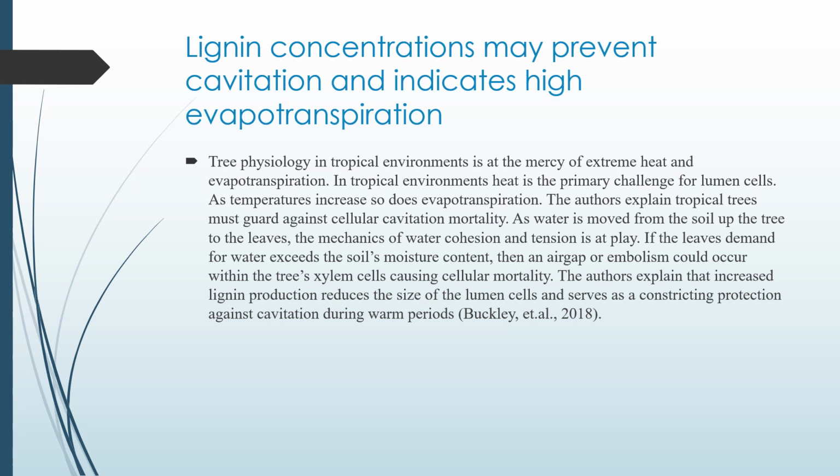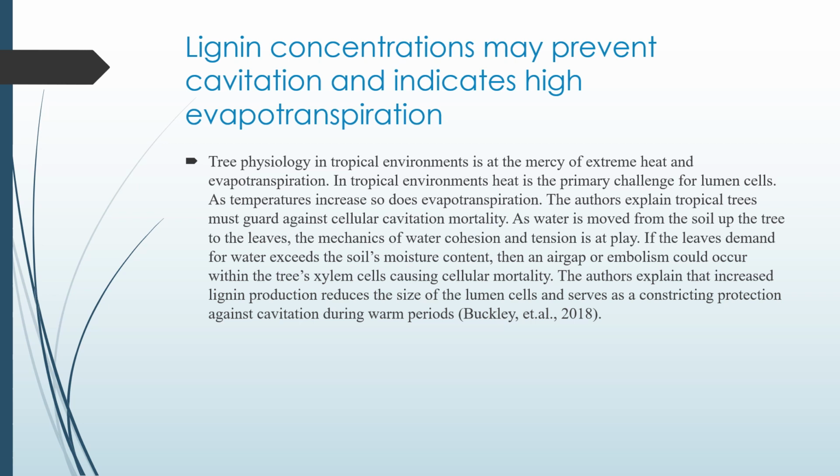Well, if there's not enough water supplying those roots, then the pull continues and you could get a gap in that water cohesion and water tension. And at that point, you would have cavitation or an embolism in the tree. And this will basically kill the lumen cells.